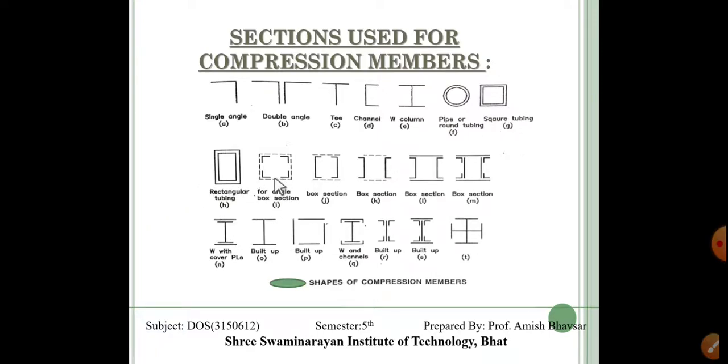This is our built up column with 4 angles and the laced. This is our laced column. This is also laced column. These are all built up sections: I section with 2 plates, built up I section, built up column, I section with channel. These are the different shapes of column that we can use as a compression member for the designing of the structure.